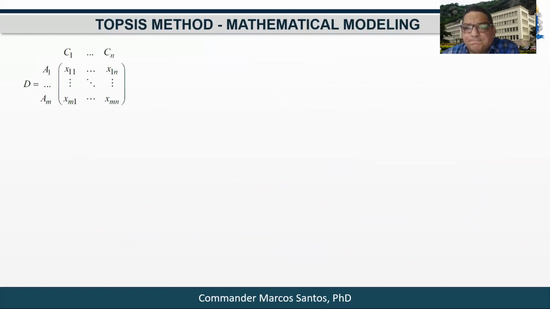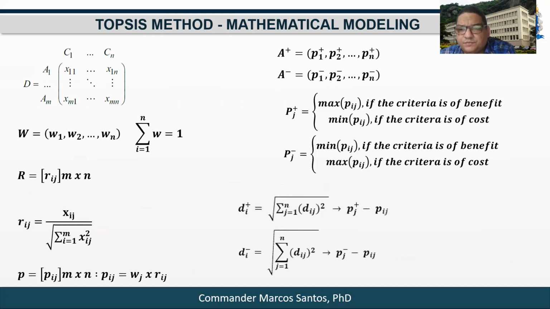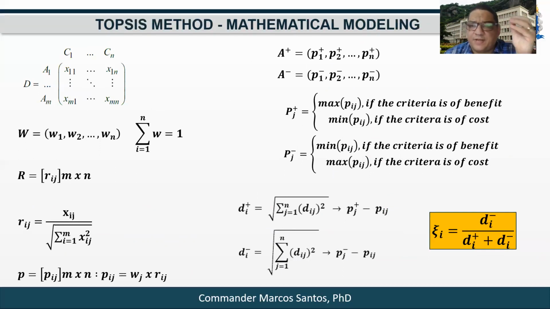So we will see now that we have many equations in the TOPSIS method. So we have all these equations. Don't worry, I will explain the method step by step, and I will calculate the result by hand, step by step.